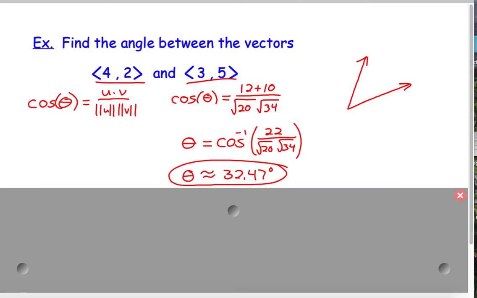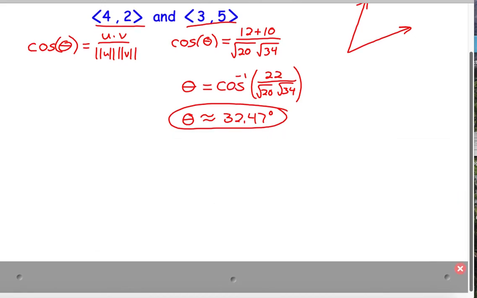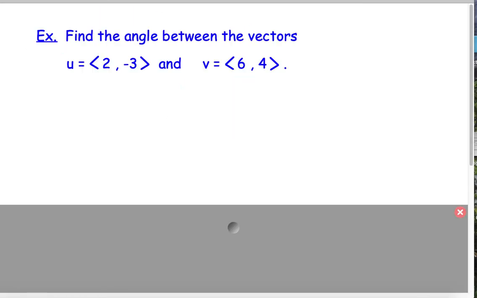All right, let's go back and do one more example here. Oh, here it is. All right, let's find the angle between these two vectors. So once again, we start off with our formula. The cosine of theta equals u dot v. It's good to write it a few times until you really remember it.